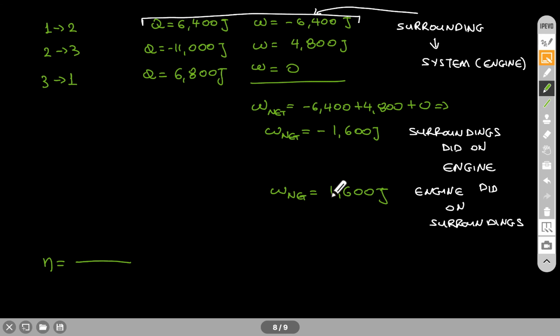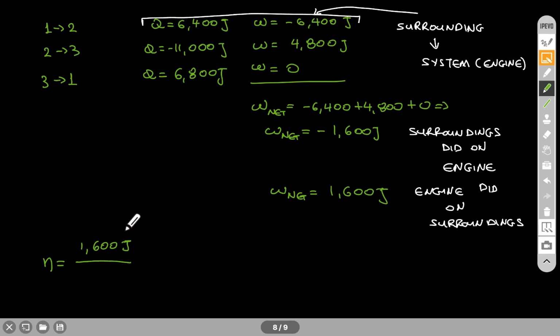So, here is efficiency. What did I get from the engine? The engine did work equal to 1,600 joules to the surroundings. Now, I also need to divide it by what I paid. What did I give to the engine in order to get this amount of work? What we pay to an engine is the heat that we provide so that it can work.